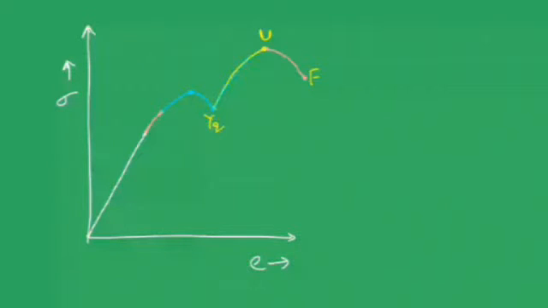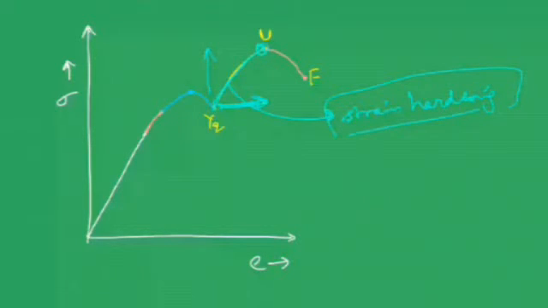Now from Y2 to U, this phenomenon is called strain hardening. It implies that the deformation is not happening so easily, because the stress is very high and even reaches the maximum value of stress.